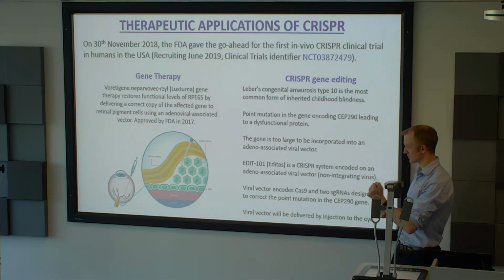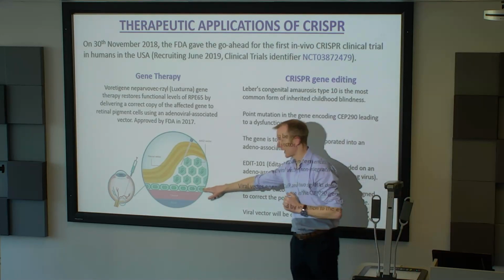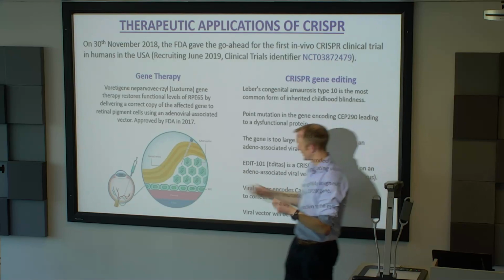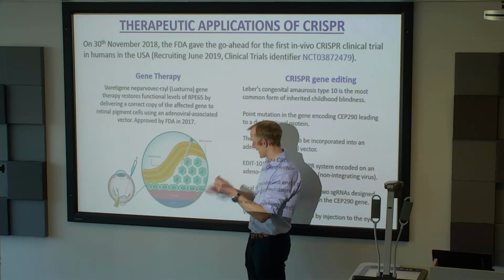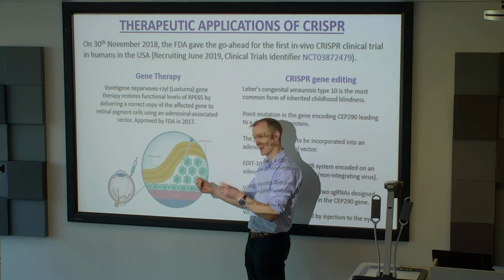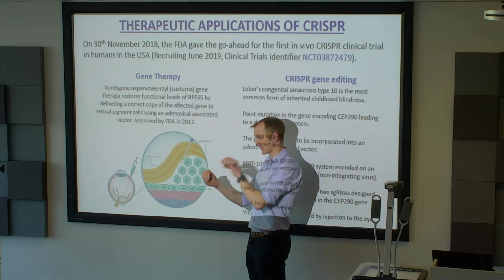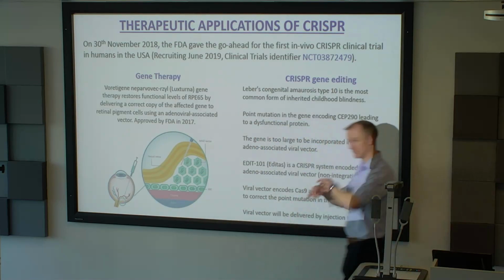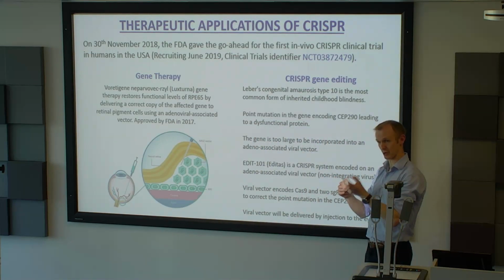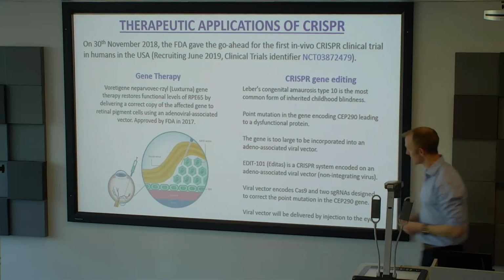That's going to be injected into the retinal cells, and the CRISPR system will be expressed by the vector. You get your Cas9 being expressed, and your guide strand being expressed. The guide strand will then target the Cas9 to that CEP290 gene, and the idea is that it'll restore that genetic mutation in these patients.